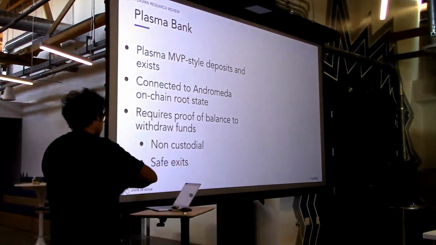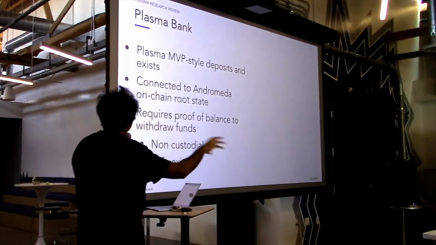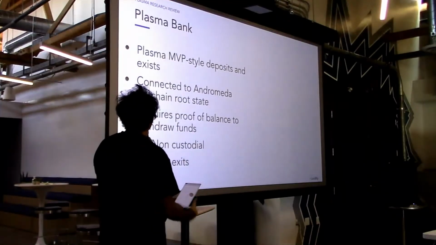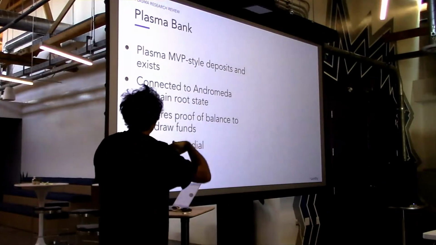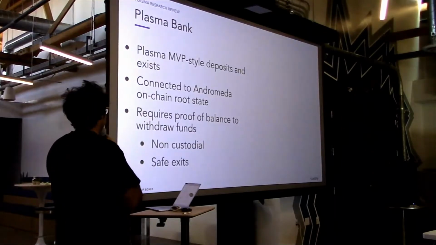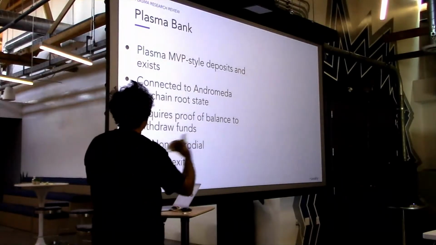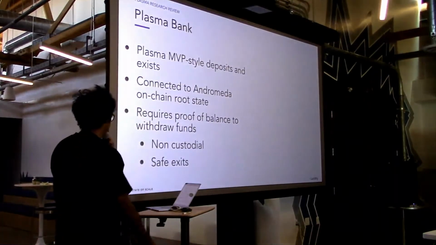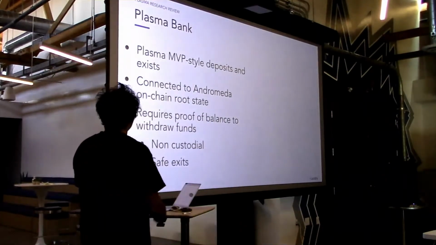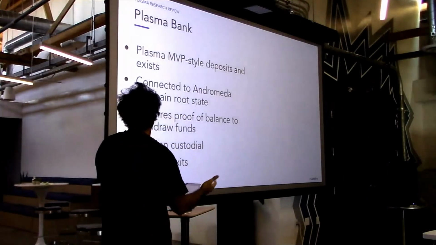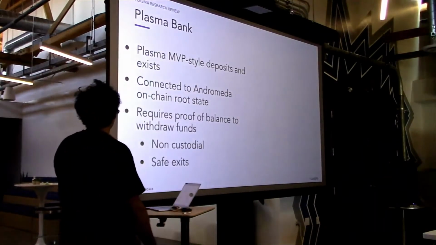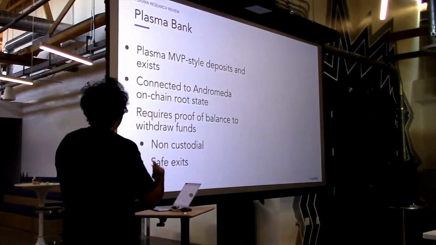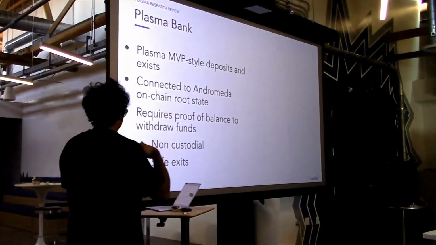Just like Plasma MVP, if you detect that the sidechain is producing invalid blocks, you can withdraw all your funds from the Plasma Bank in a Plasma MVP style deposit and exit. It's connected to our sidechain proof of stake consensus, which is Andromeda, to get the latest valid state.